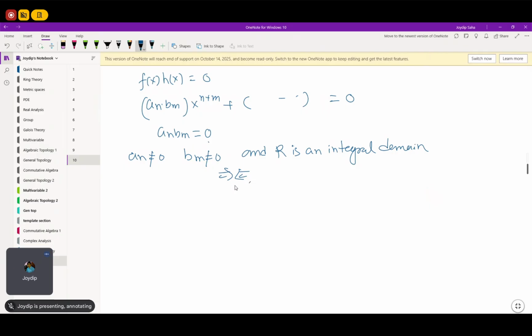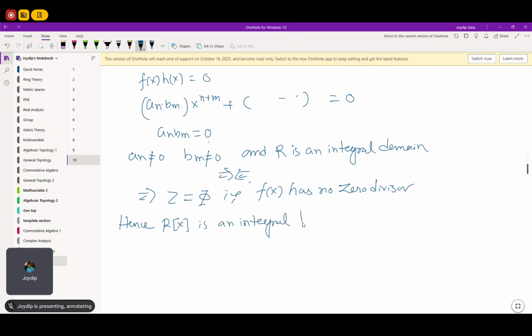Contradiction. So f(x) has no zero divisor, that means Z is empty. Hence, since f(x) is chosen arbitrarily, R[x] is an integral domain.